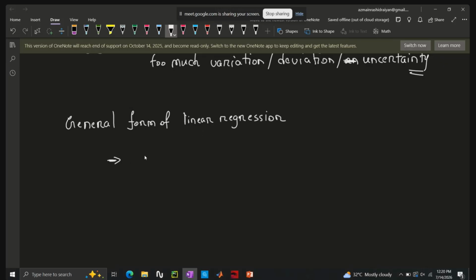The general form of linear regression can be written as y = ax + b. Just like in our matrix level, we used to write y = mx + c, here we can write y = ax + b.